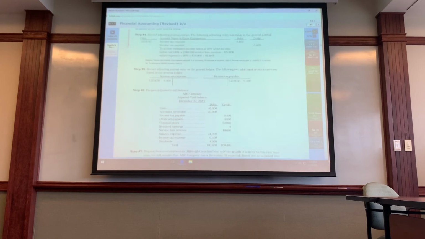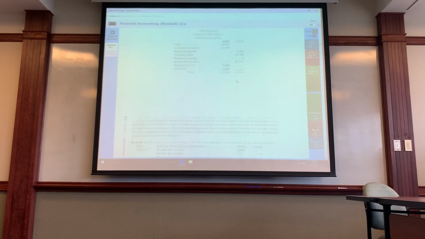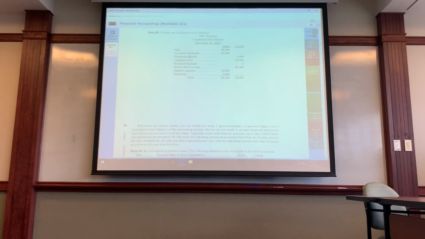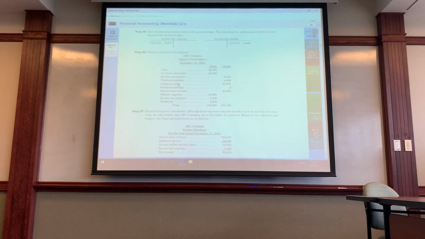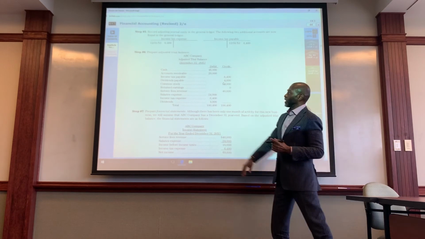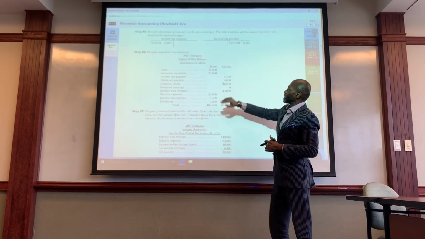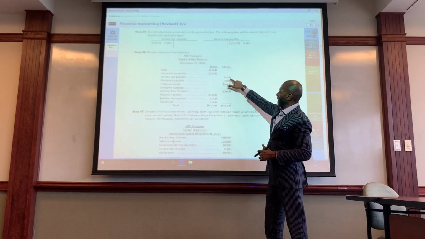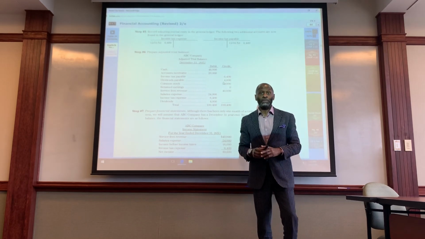The only difference, if you see these adjusting entries for income tax expense and income tax payable, you will not see income tax expense or income tax payable in the unadjusted, but you will see income tax expense and income tax payable in the adjusted. So the adjusted trial balance essentially records the transactions of adjustments that are now being reflected in your adjusted trial balance.